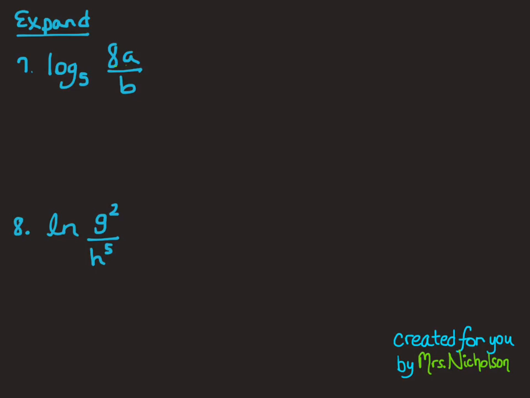Those are being multiplied. And so I can expand that and turn it into addition, because whenever you multiply, you add exponents. So log base 5 of 8 plus log base 5 of a, because those were being multiplied, but now I'm going to say minus log base 5 of b, because b is being divided.